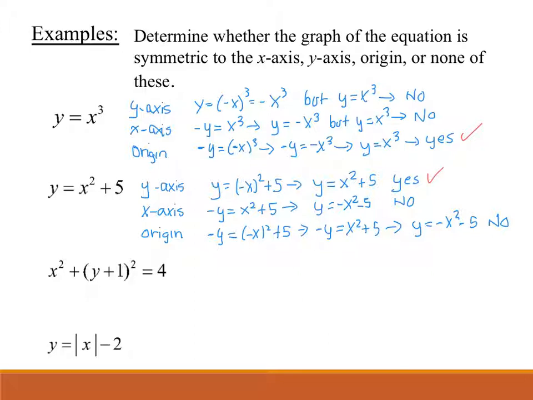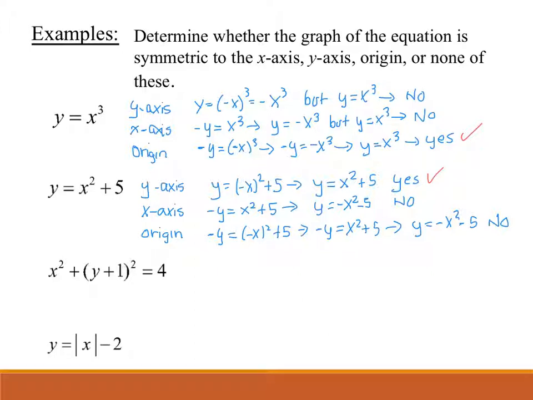That makes sense because it is a parabola. And so the next two show that, in fact, they are not symmetric around the x-axis or the origin. Once you find which of the three that is symmetric to, it cannot be symmetric to the other two. So all you have to do is find the one that says yes, and that's the one to go for.